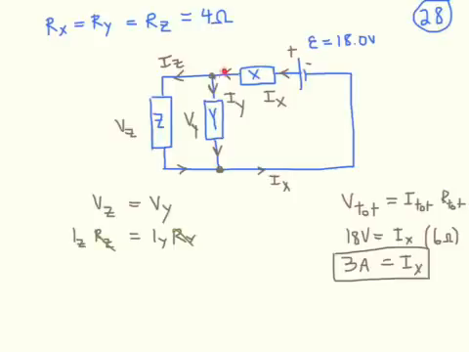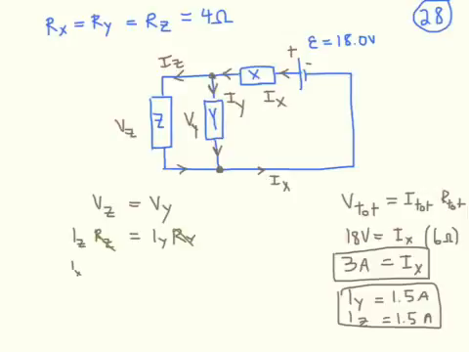So if you have 3 amps heading toward the junction, exactly half goes through Z, and exactly the other half goes through Y. I already know then that the current through Y is 1.5, and the current through Z is an equal amount, 1.5. But let me go ahead and just use some math to prove that. We say that Ix is what enters this junction, and the amount of current entering the junction equals the amount of current exiting the junction.